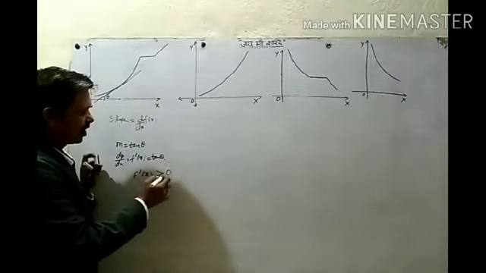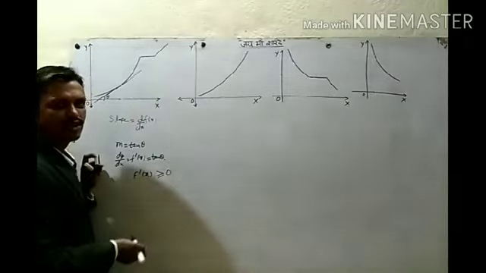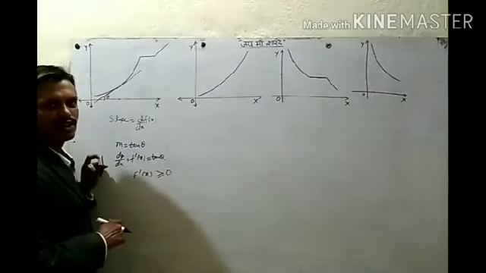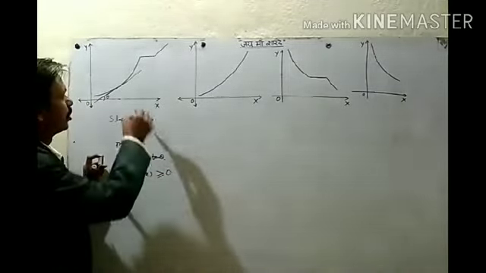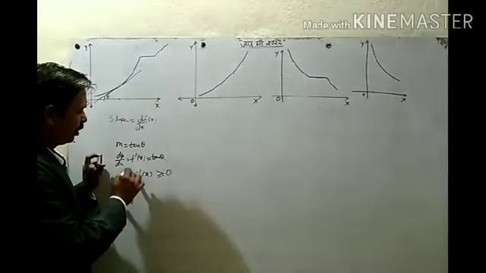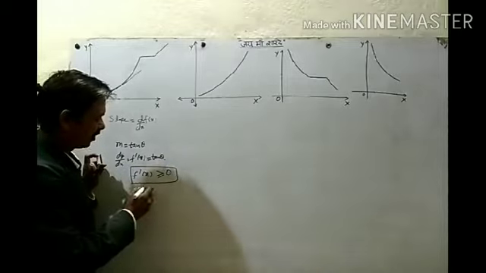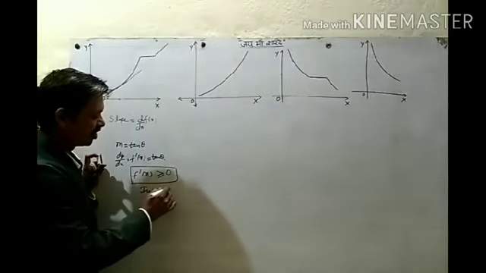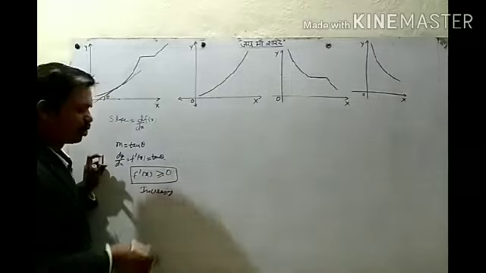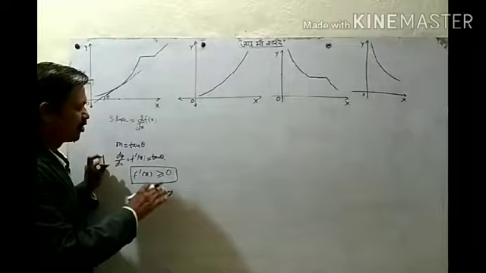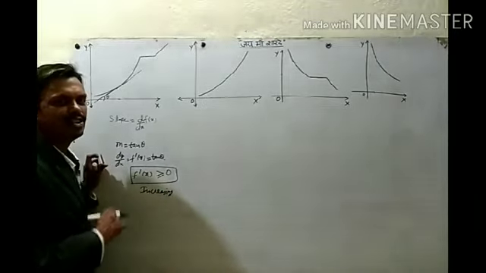So in this case, the tangent slope becomes 0. So f dash of x is more than or equal to 0. Okay? So if the derivative of a function is more than or equal to 0, your f of x is an increasing function. So to show a function is increasing, find its derivative and it should be more than or equal to 0.